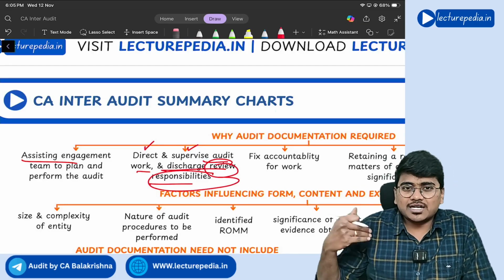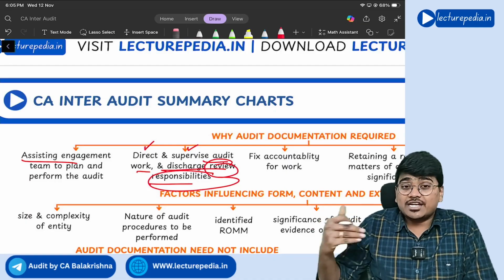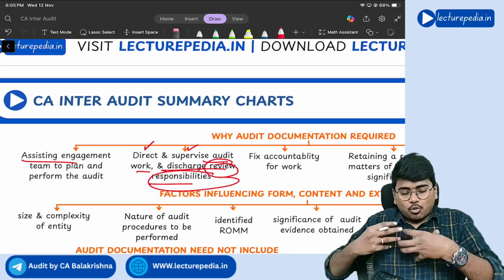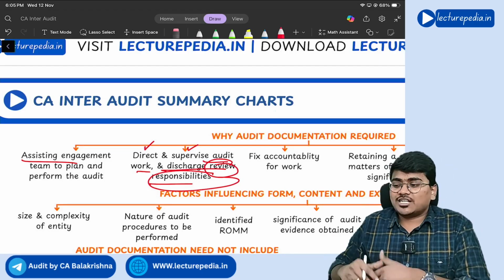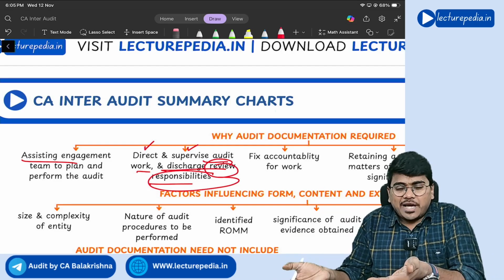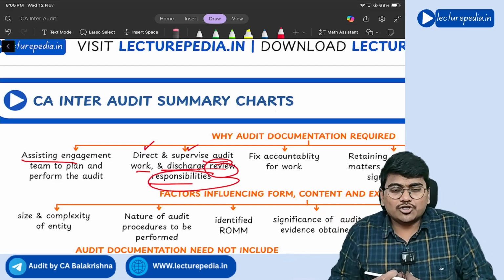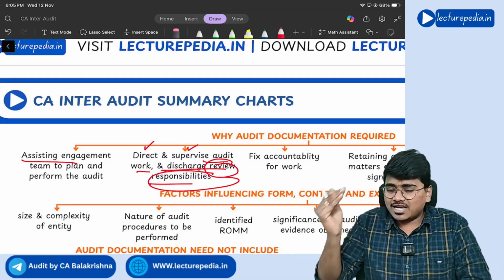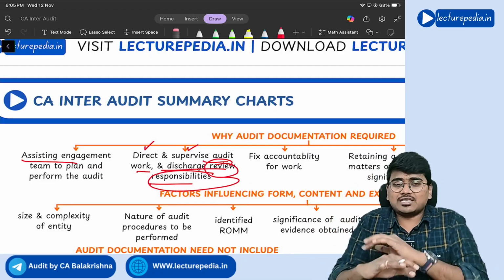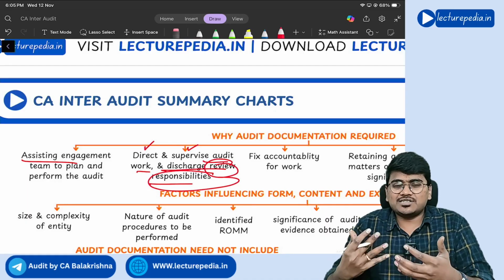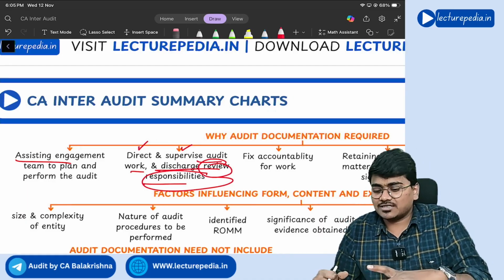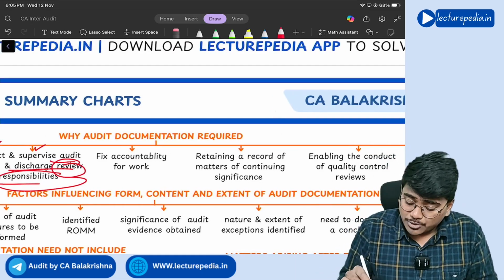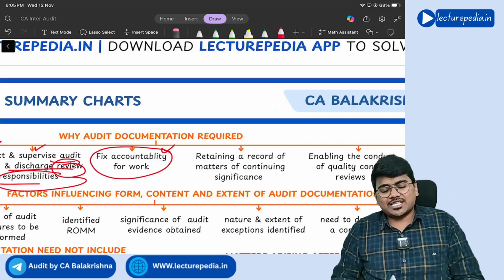So whatever work is done by the article assistants has to be reviewed by the engagement partner, correct or not? So what will the engagement partner review? The documentation that the engagement team has maintained, only that will be reviewed by the engagement partner, correct or not? So for doing that review, for giving guidance, for directing, for supervising the engagement team, audit documentation is very much important, correct?